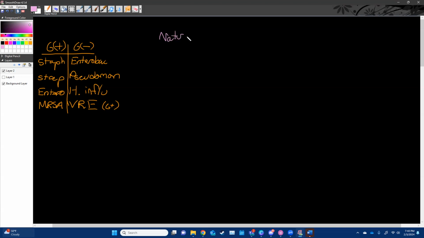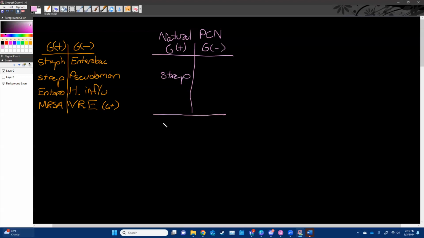For our natural penicillins, their activity is going to be strep only. They will have some activity against mouth anaerobes, so Peptococcus, Peptostreptococcus.